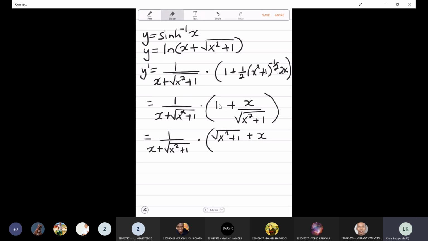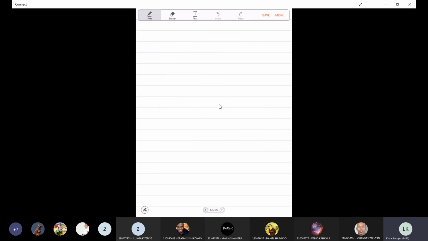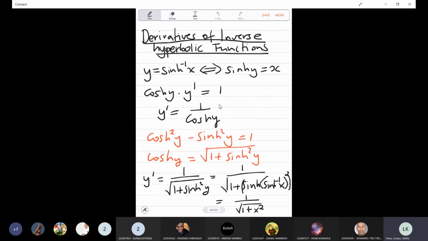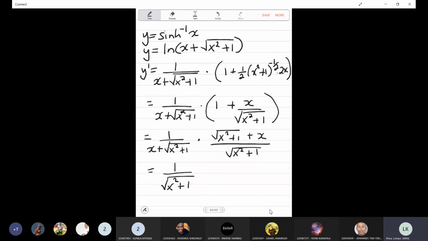In fact, I don't even need the brackets anymore. Divided by the square root of x squared plus 1. And then this will just give me 1 over the square root of x squared plus 1, which is the same as what we got over here. 1 over the square root of 1 plus x squared.